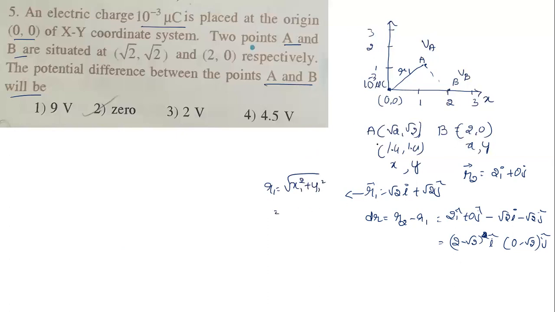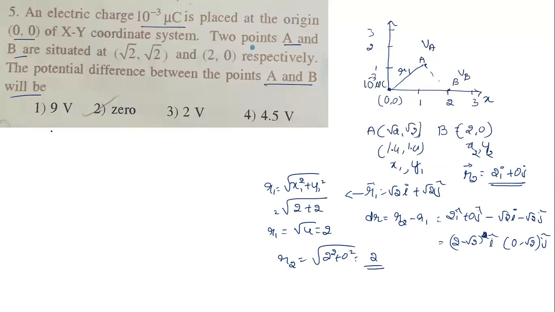This is x1 comma y1, and let us take x2 comma y2. It will become root of 2 plus 2, because the root 2 squares are going to cancel. It will become root of 4, that is 2. That is R1. Similarly R2 is root of 2 square plus 0 square, which again is 2.